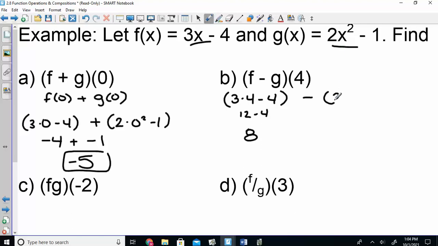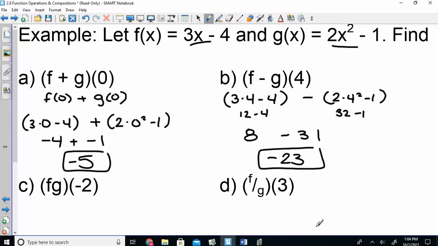I plug a 4 into g. So that's 16 times 2 is 32. Minus 1, so that's 31. And 8 minus 31 is negative 23. Why don't you guys do C and D?